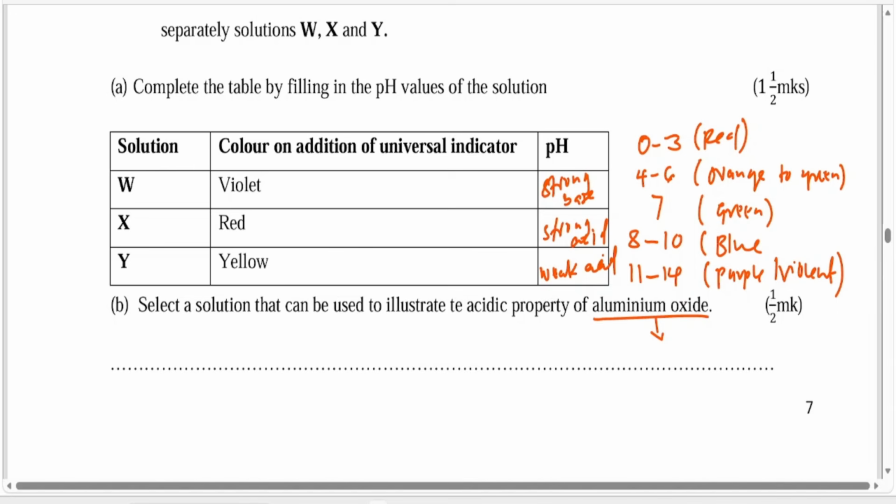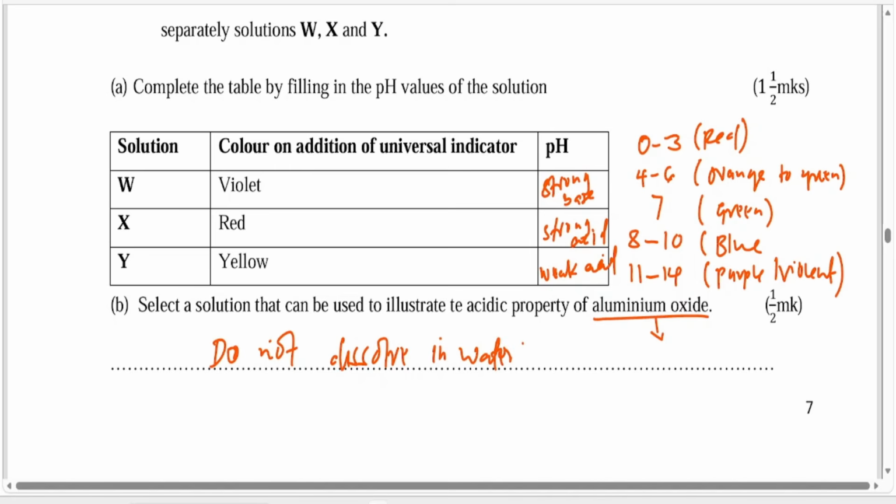But we are going to leave this without an answer, because aluminium oxide does not dissolve in water. So it cannot show its basic or acidic property. So there's no way it can show its acidic property.